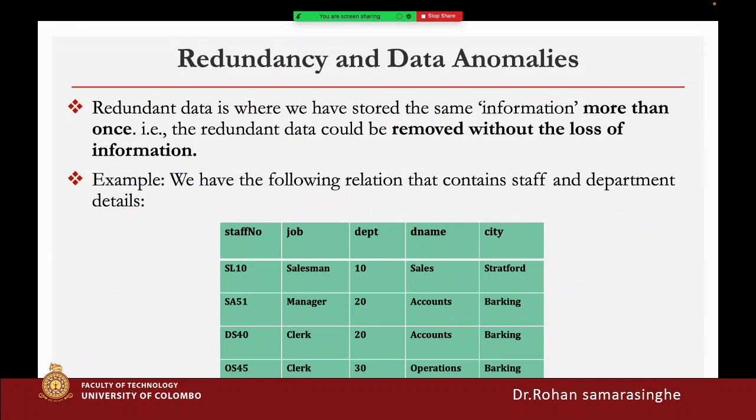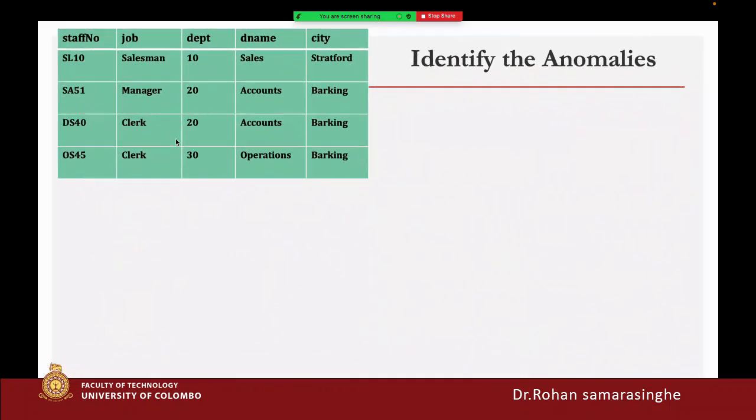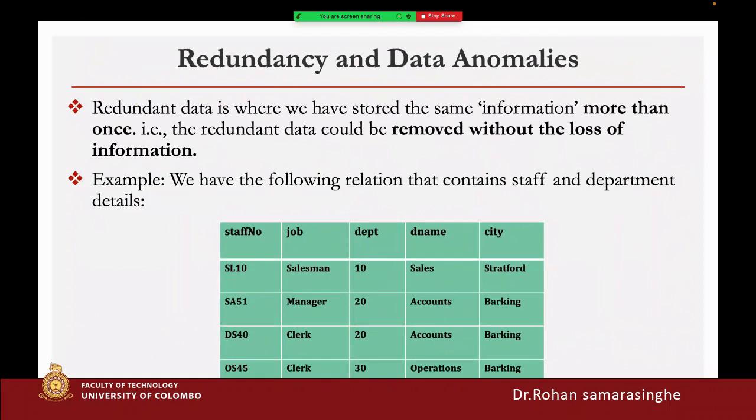Redundant data is where we store the same information more than once. Such redundant data could be removed without the loss of information.